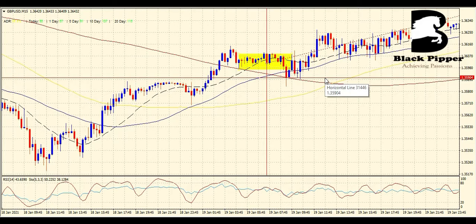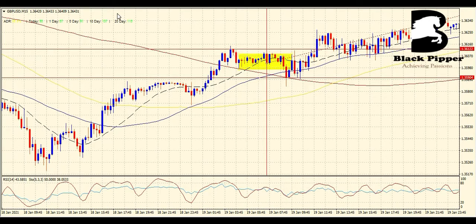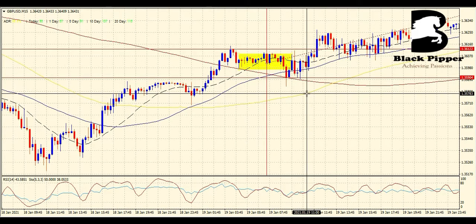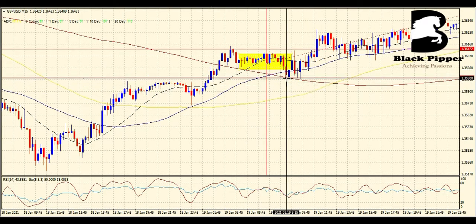Here's the sell entry in this area. I put my stop loss slightly above the consolidation mark. Let me measure the entry to stop loss area. It's around 21 pips, so the 21 pip target is at 1.3569.